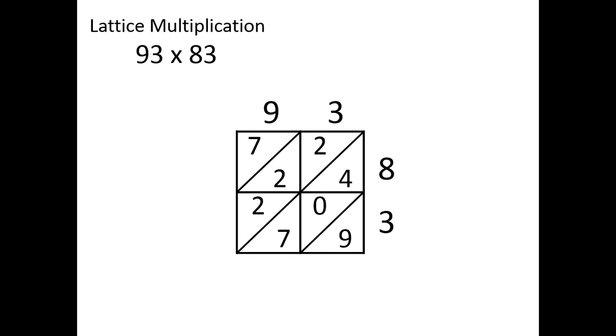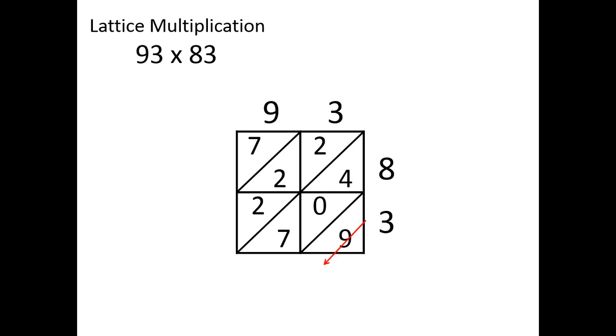Those digits are in diagonals that correspond to the place that the digit should be in according to their place value. So for example, when we multiply the 3 times the 8, we're really multiplying 3 times 80, which is 240. The 2 is in the hundreds diagonal and the 4 is in the tens diagonal.